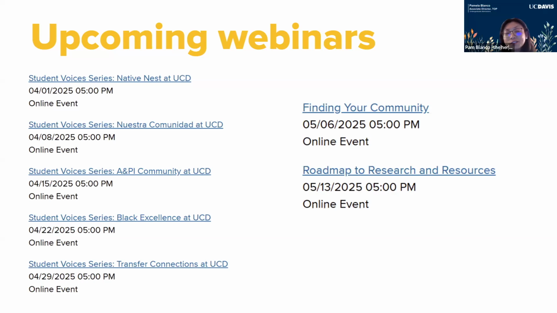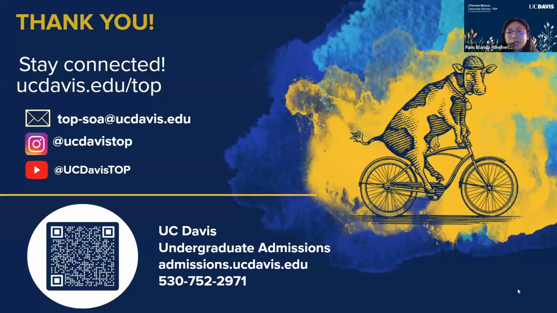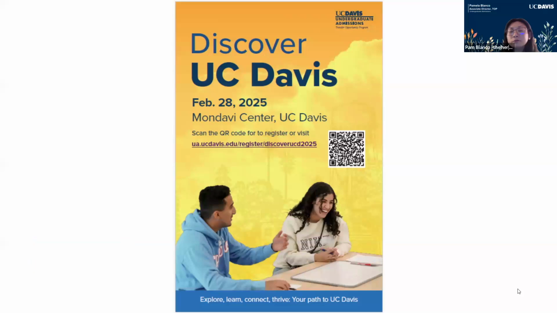The next one, I mentioned earlier, I just want to promote: we have Discover UC Davis coming up, which is going to be on Friday, February 28th. It's an all-day event. We do not provide transportation or reimburse for your travel.